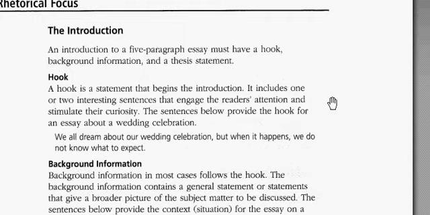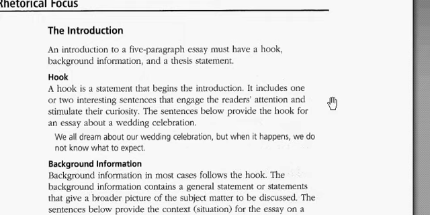So the organization of the introduction is very special, very different, and it starts out with the hook. The hook is designed to make the reader attracted to or interested in or excited about what you have to say. So in the school world, people read because they have to read, but in the real world of magazines and newspapers, people read because you attract them, you pull them, draw them into the information, into listening to you explain something or describe something.